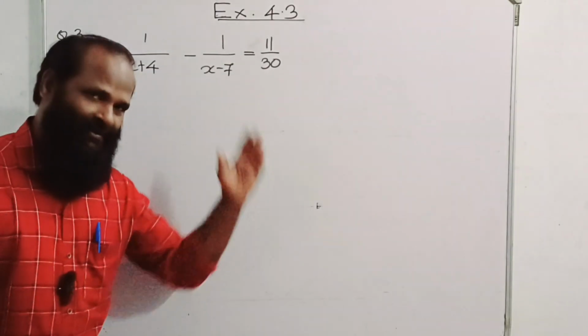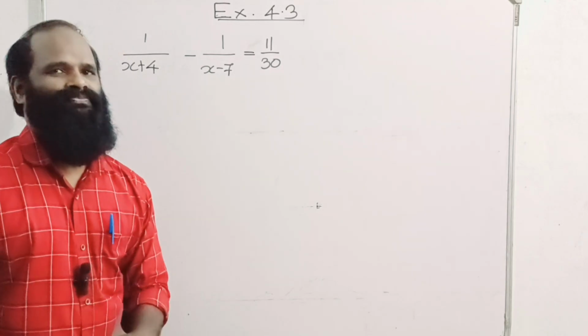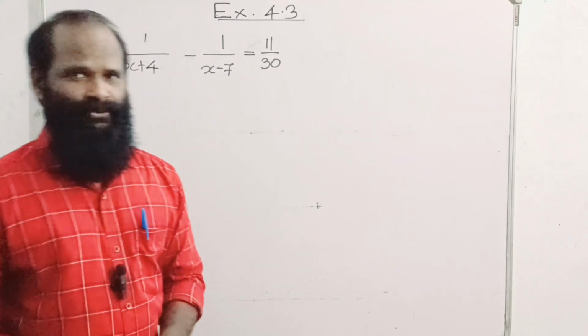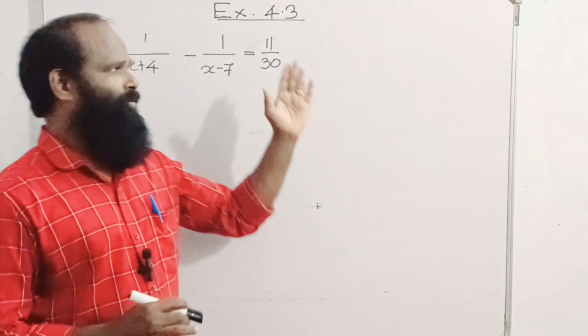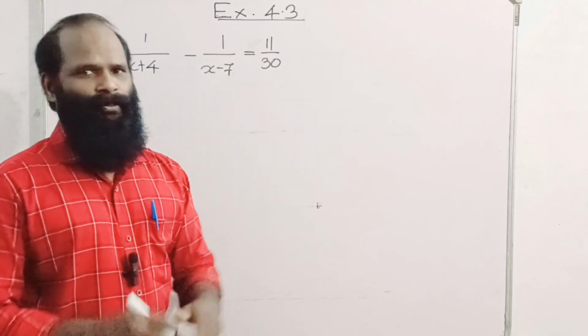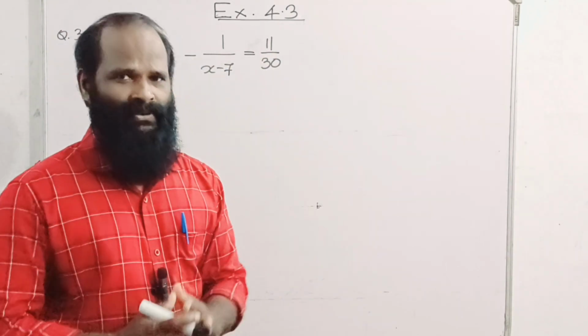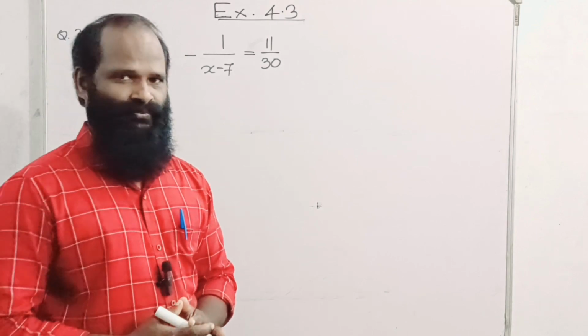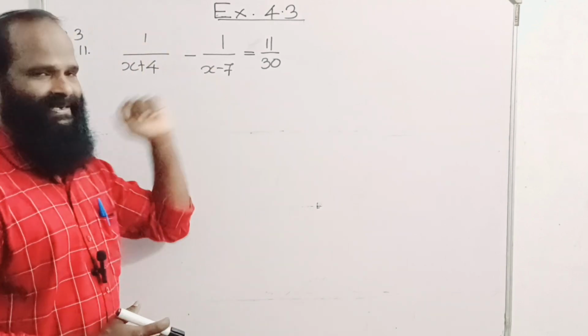Now let us try to solve this quadratic equation. It's going to be a quadratic equation. In the previous question I told you, before we deal with a question of this kind, it should first be changed to the standard form of the equation. That is our first task.